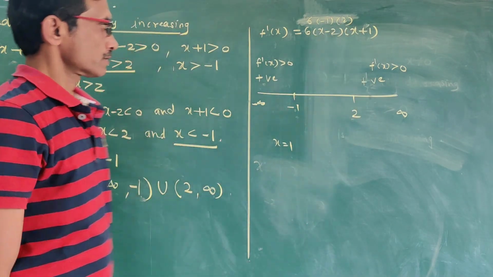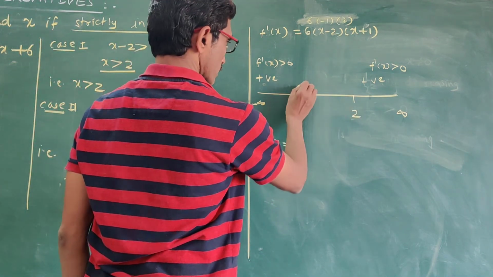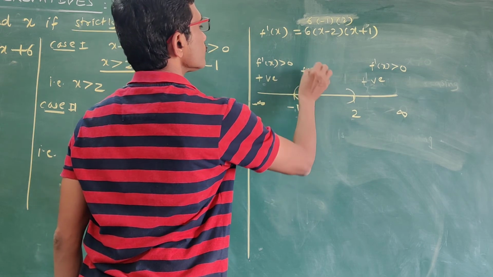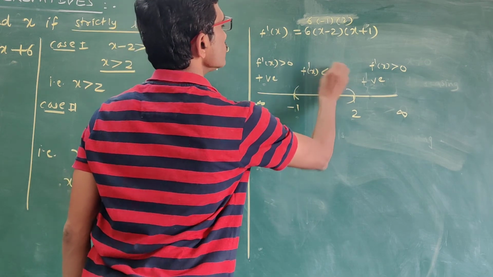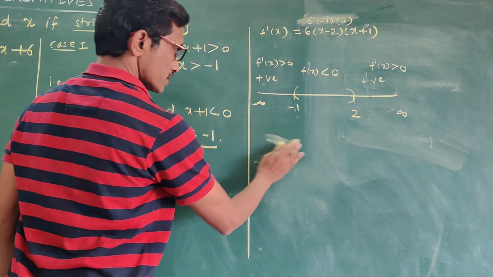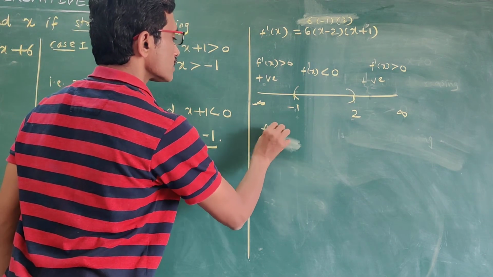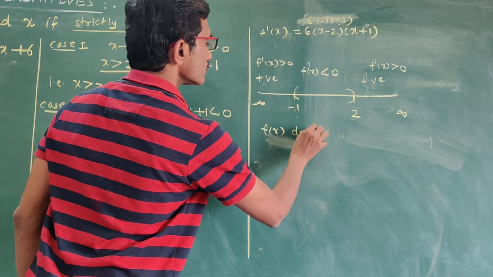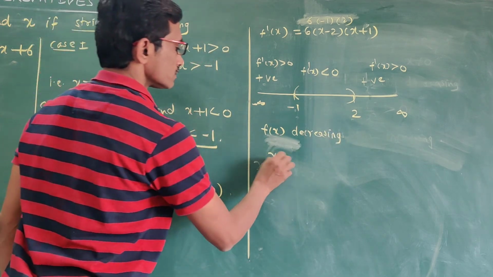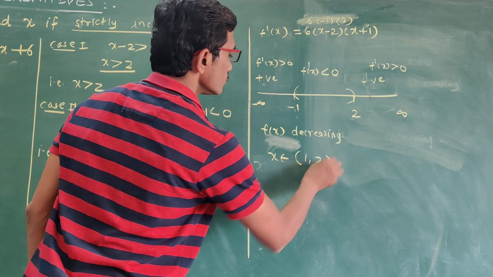That means in this interval f dash of x is negative. That means the function is decreasing. That means f of x is decreasing in the open interval -1 to 2.